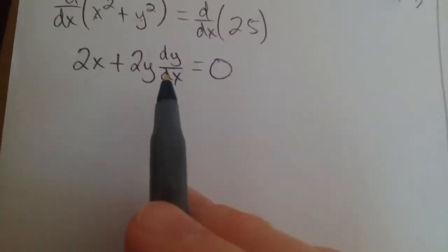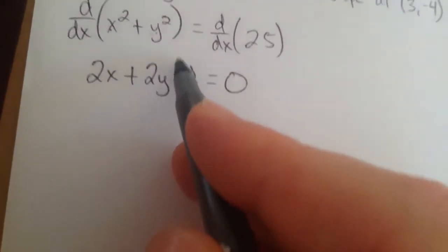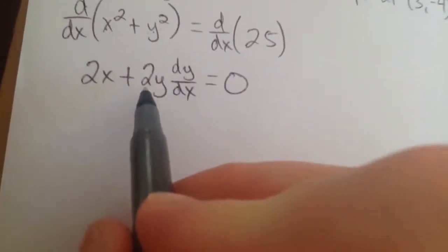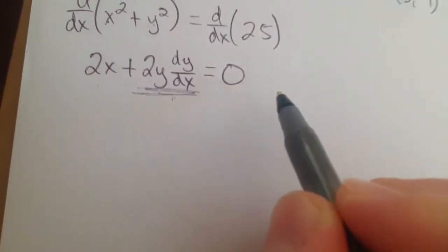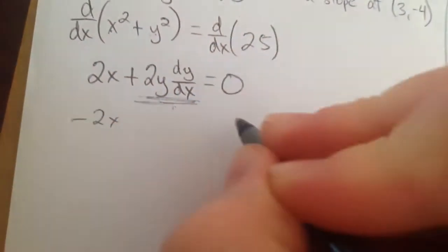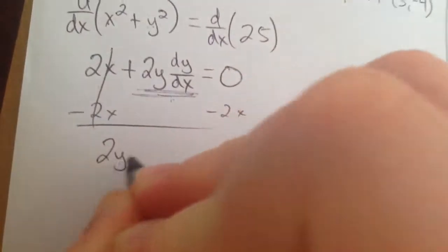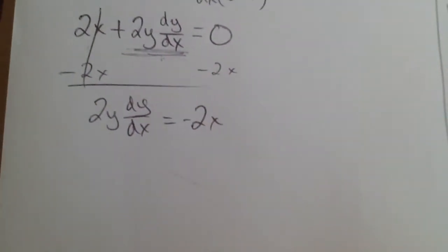Next step is you get everything with dy dx, all the terms that have that piece in it, to one side. So in this case, there's our term. That's our only term that has that, so that's just going to stay there, and I'm going to move this 2x over to the other side by subtracting 2x. That's 0, so now I have 2y dy dx equals negative 2x.